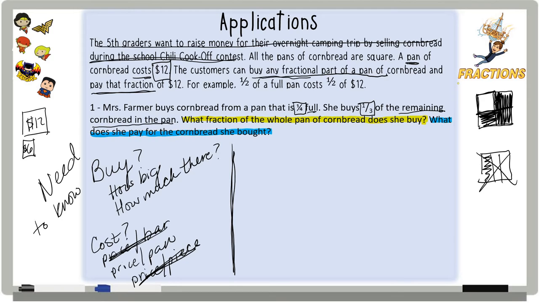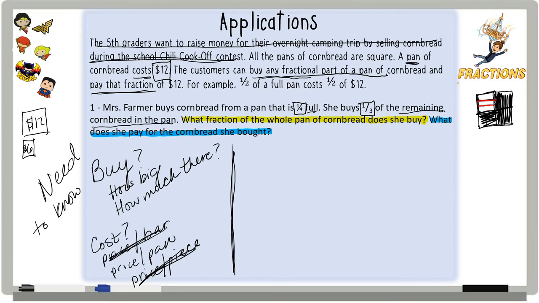and cut it into thirds. Oops, and I wanted that to be red, so it was a little bit easier to see. We have to remember, though, by cutting that little piece into thirds, each of those isn't worth 1/3. This right here was 1/3. These pieces are much, much smaller. And we have to remember that rule.